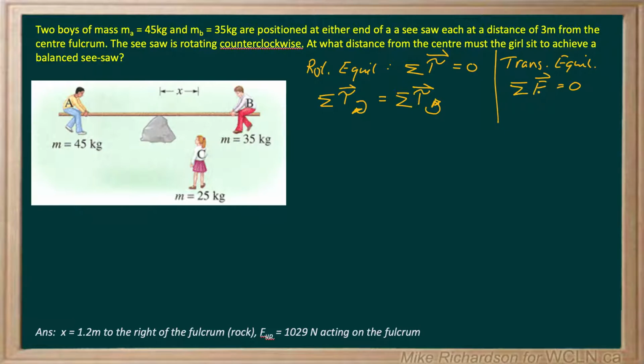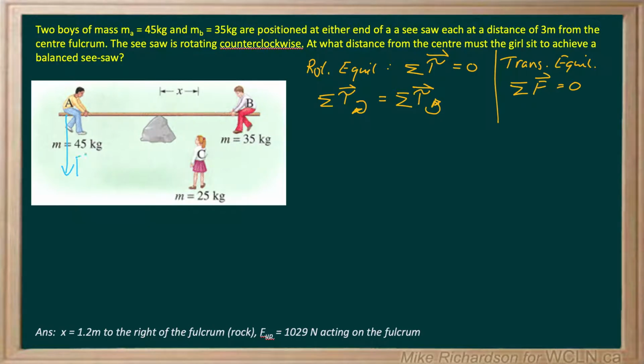So since we're dealing with forces and distances, let's start by finishing our diagram in terms of our free body diagram. Now, we want the forces that are acting on the object in question, which is the seesaw. So what are the forces acting directly on the seesaw? I'll use blue so we can see them. Well, the boy A here is exerting a force straight down on the seesaw.